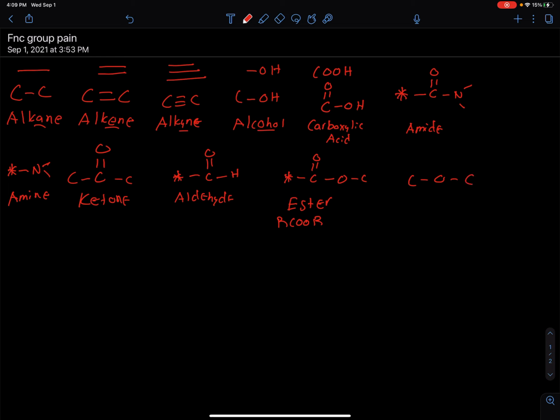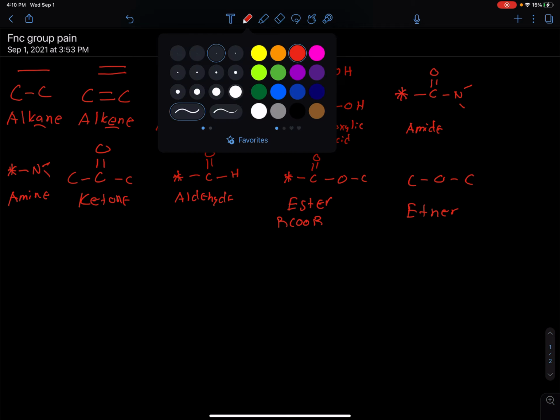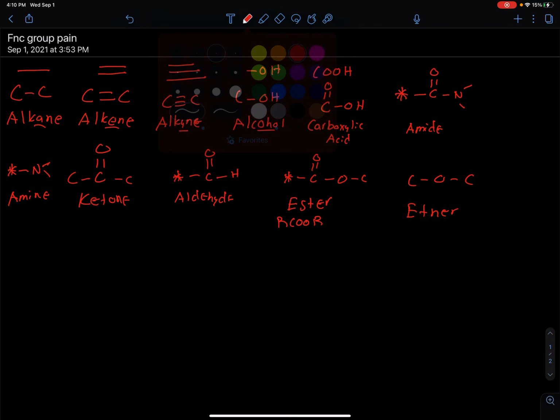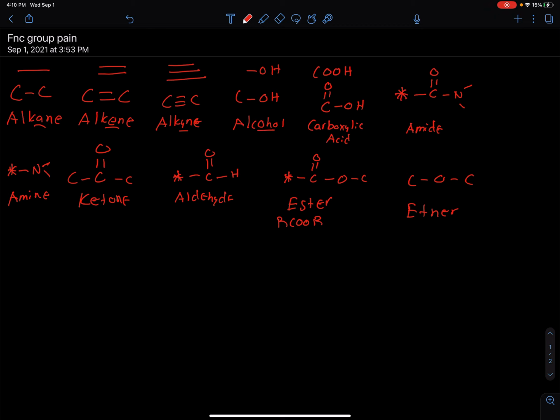So that's an ether, right? If I make this another color, this part and this part look similar, except what's different? This part. Ester has this carbonyl, whereas the ether does not. So again, same pattern: a lot of them are very similar structurally, except the carbonyl can change what it's called.